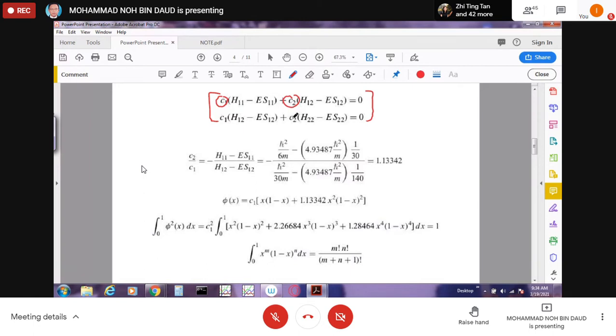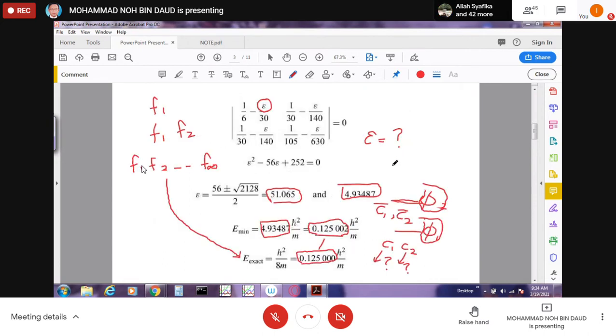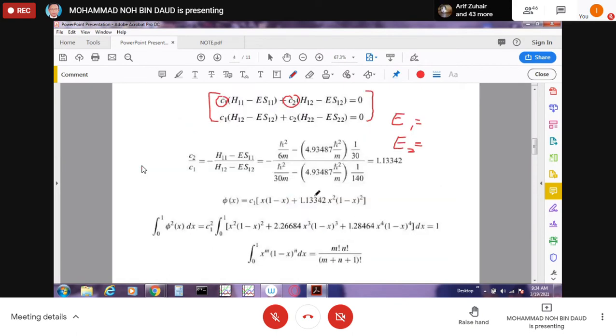We can solve these two simultaneous equations if we know this E. We have already obtained the first E and this second E. So the first E here, which is our W actually, this is W. We can write it just to differentiate from the actual energy, the exact energy.